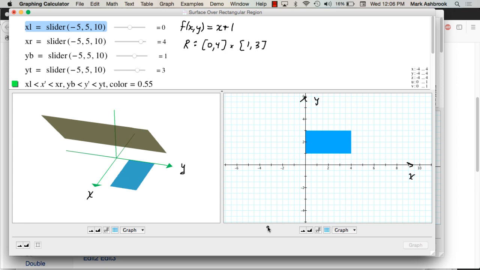And so we want to look at what would the meaning of this expression be? If I'm doing the double integral of this function, the gold plane, x plus 1, evaluated over that blue region, x from 0 to 4, y from 1 to 3, what would that give?